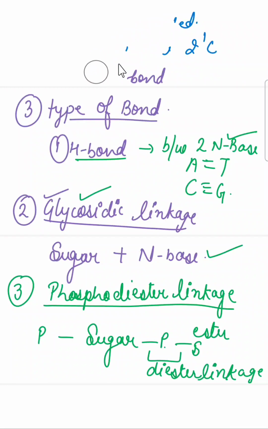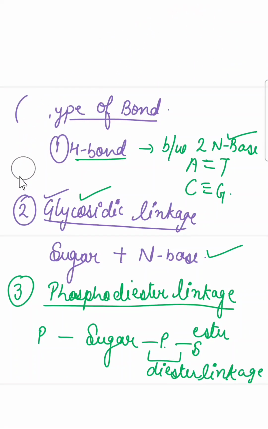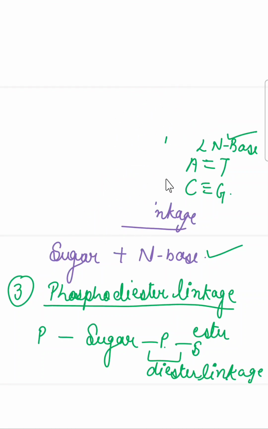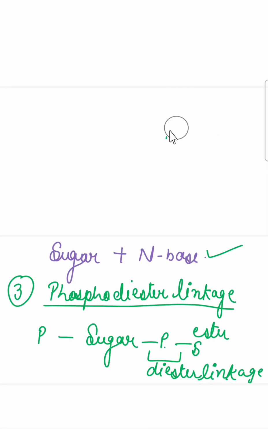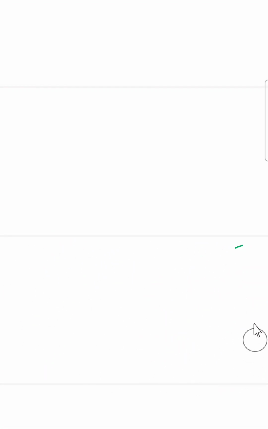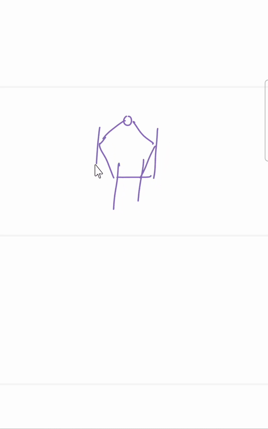Okay, so let's start to draw the structure of the DNA. But before that, in sugar we need three main carbons. The second carbon has only hydrogen present, not oxygen. And the third and fifth positions, why? Look, this is my deoxyribose sugar.